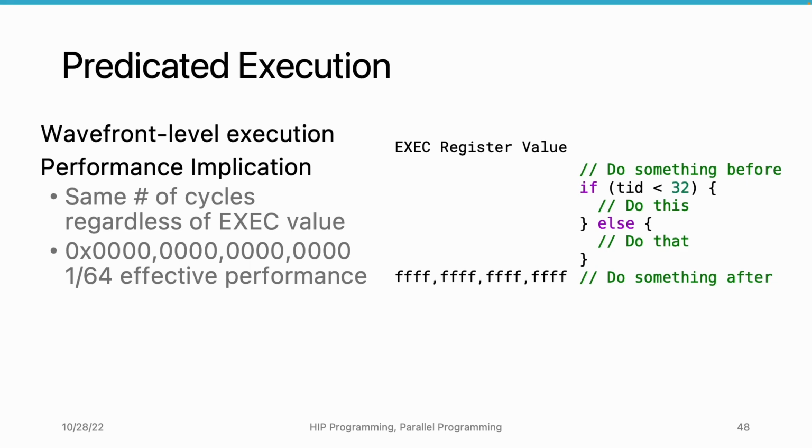So it will actually have 1 over 64 effective performance. So your effective performance is actually much lower than the theoretical performance that your compute unit can deliver. Thread divergence, for this reason, is something that you want to avoid as much as possible.